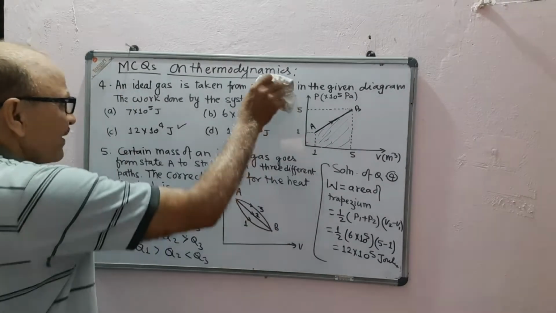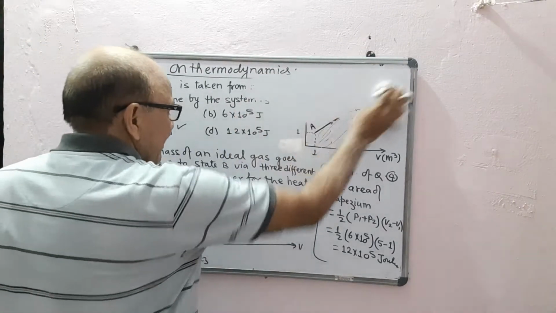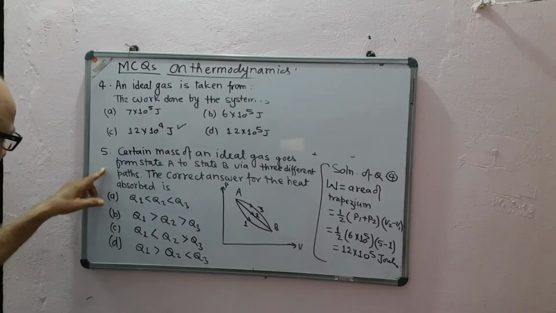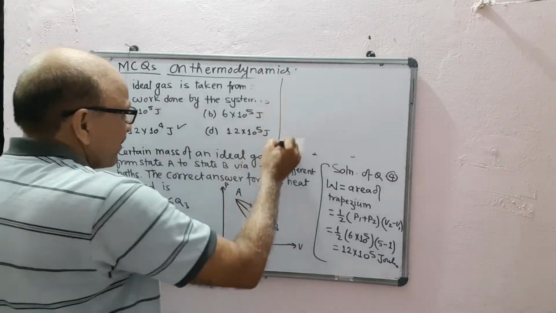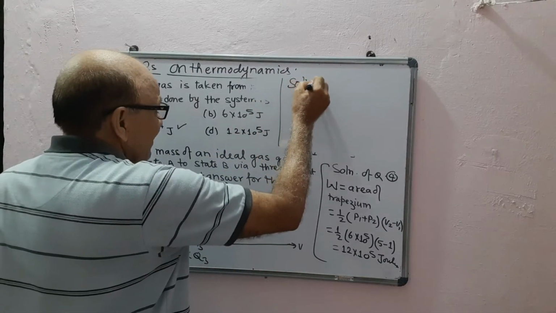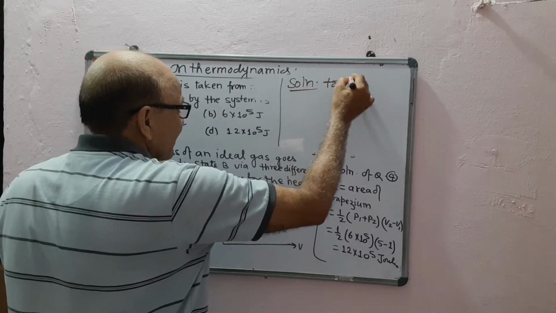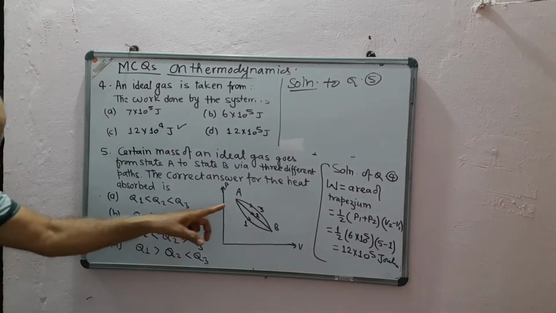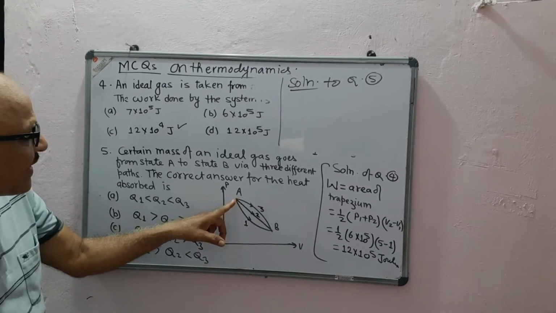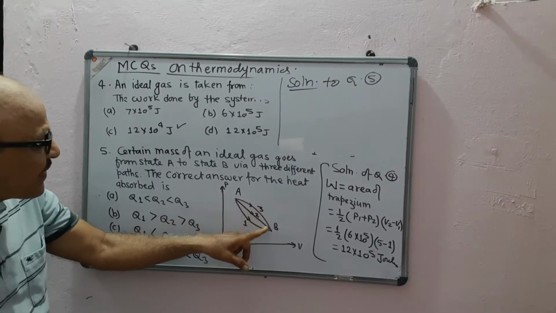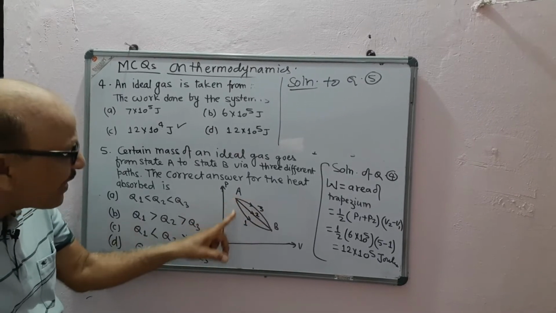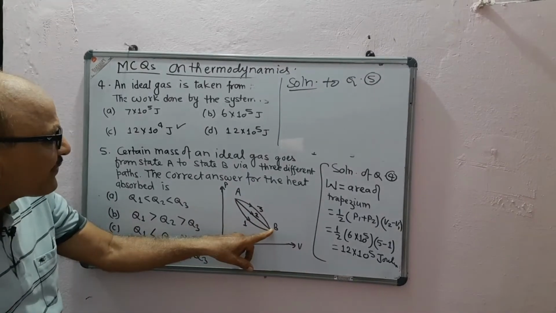Next, question number 5. Solution to question 5. Here we see that the area of curve 3 will occupy maximum area.